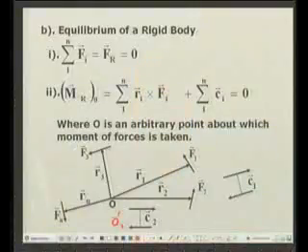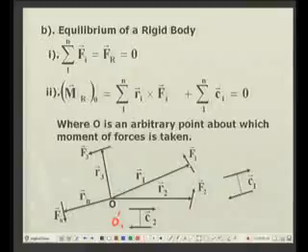So now we can join O dash with, let us say, the vector with force F1. So this will be vector R dash, and the vector joining O and O dash will be called vector phi.